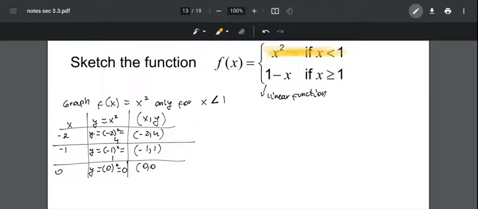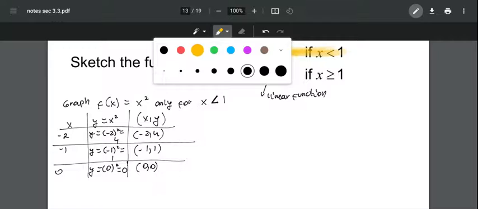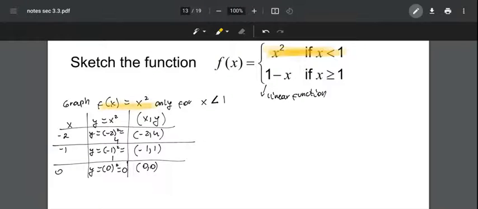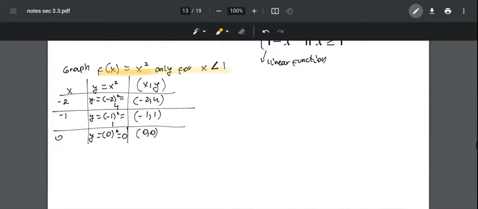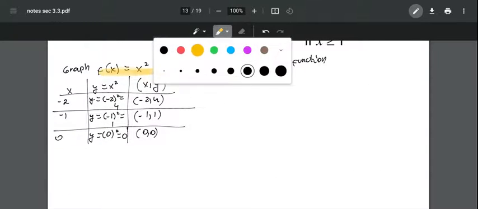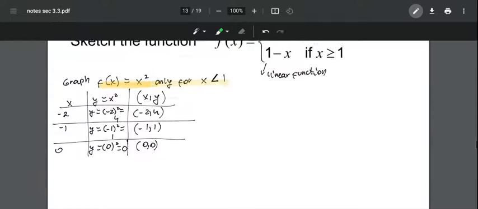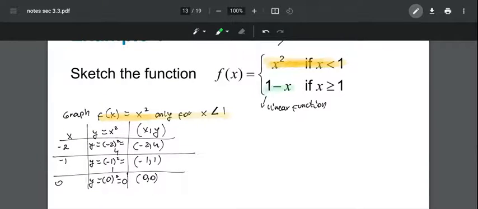So we have the point 0 comma 0. I will graph this soon, okay? Next, I'm going to start creating the table of values of the second piece, which is the linear function.